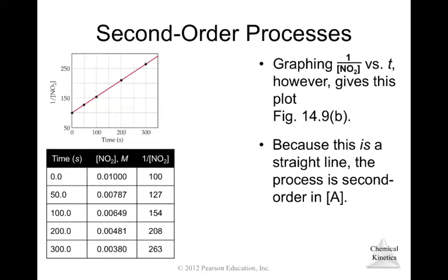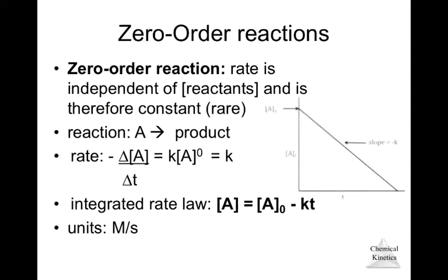However, if we graph 1 over the concentration of NO2 versus time, we get this plot. It is a straight line. So since this is a straight line, we can say this is second order with respect to that reactant.